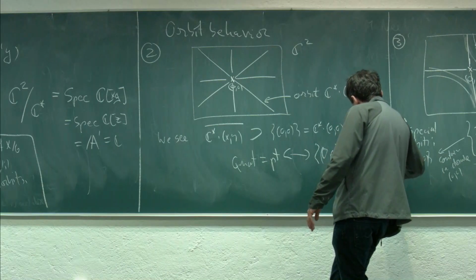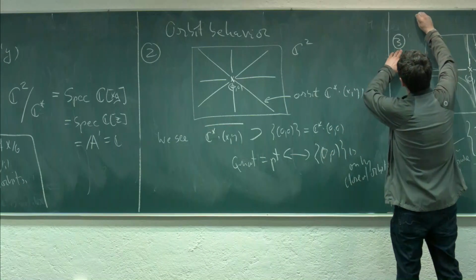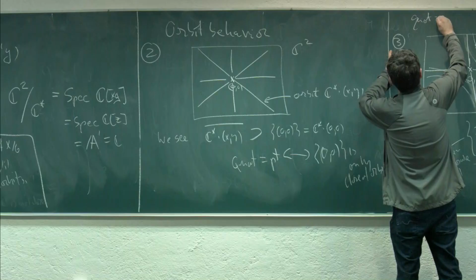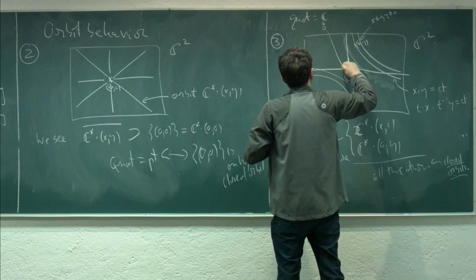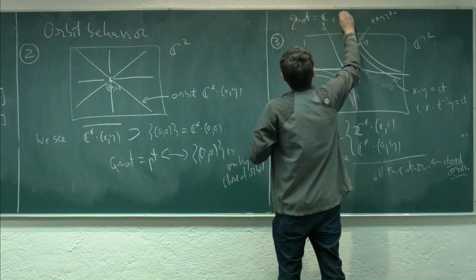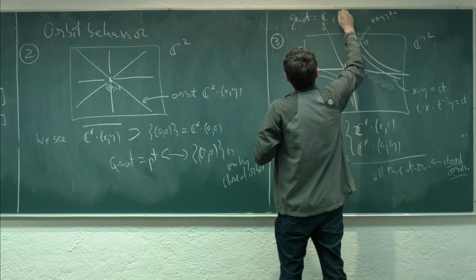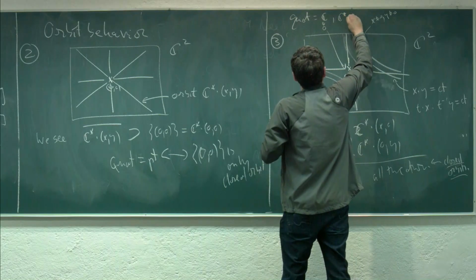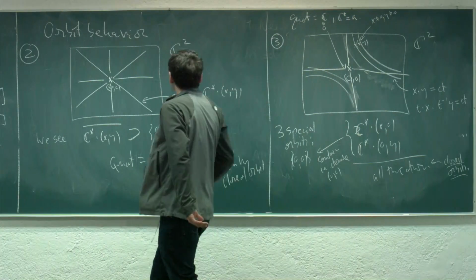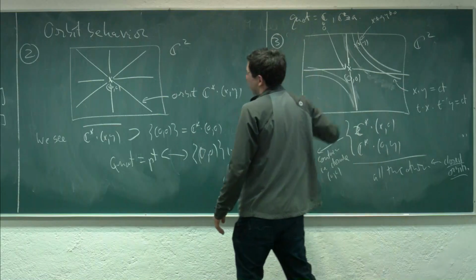Here instead, the quotient is C. And of course, in C, I will have 0, which corresponds to (0, 0), and everything else, C star. Let's call it a. So let's see if you followed.